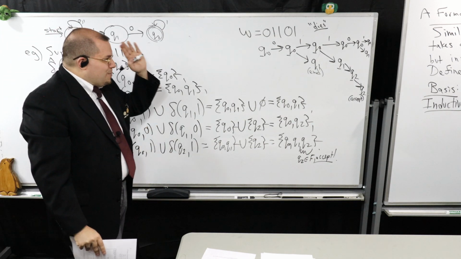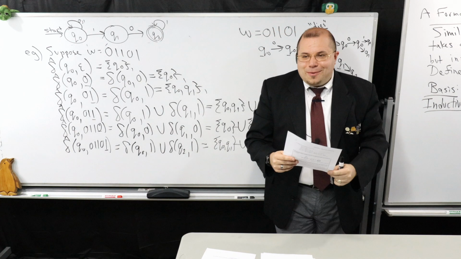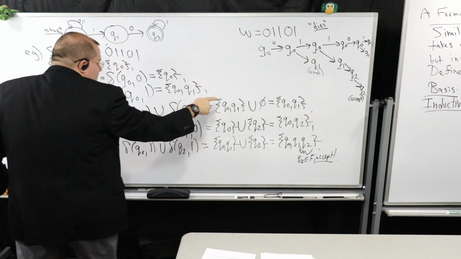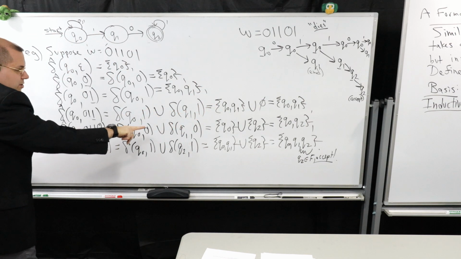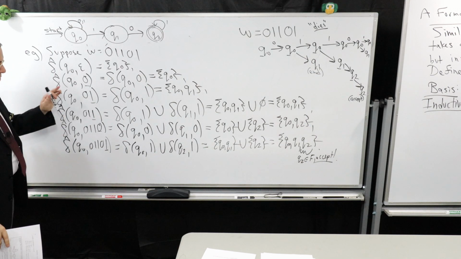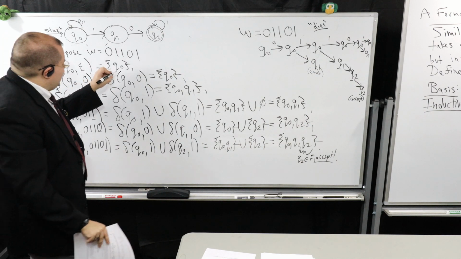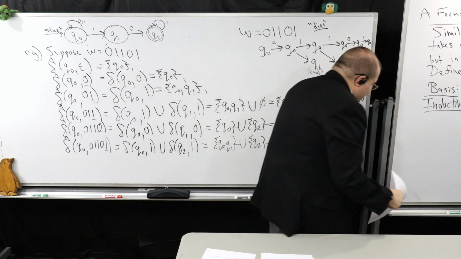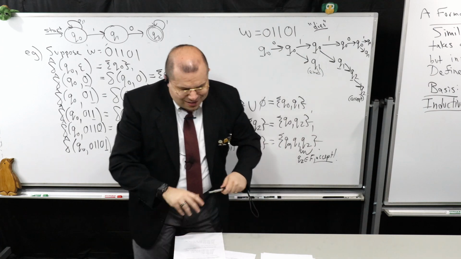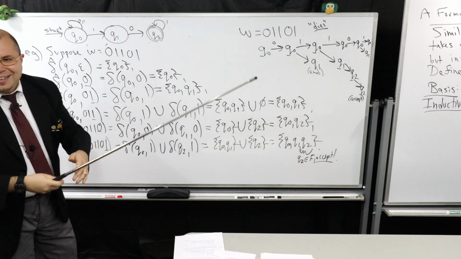Now, I want to blow your mind for one moment. I want you to look at these rows here: Q0, Q0, Q1, Q0, Q2, and Q0, Q1, Q2. Here we go.